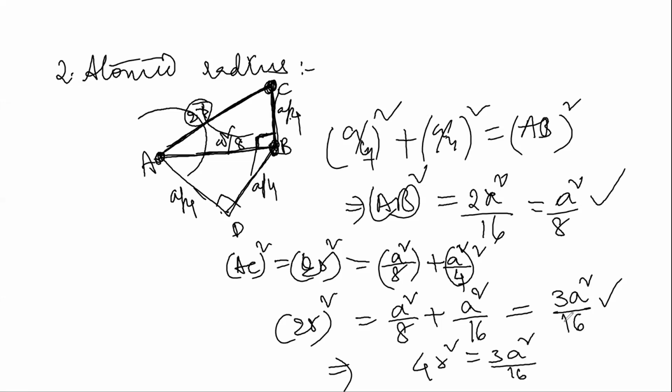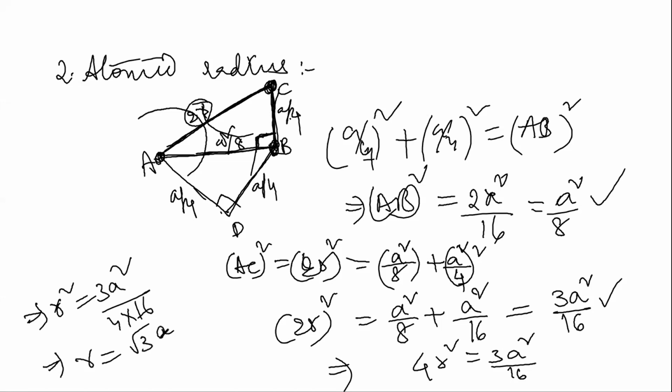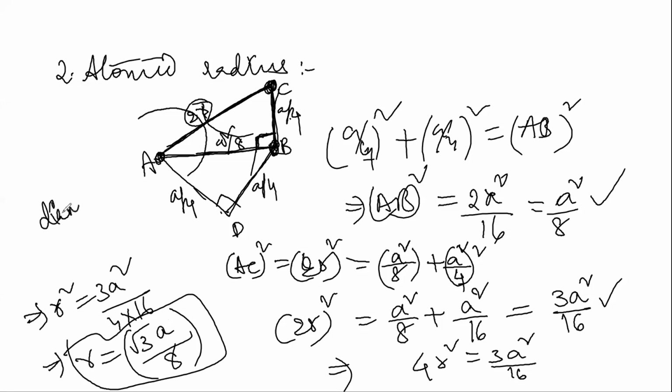Implies r square is equal to 3a square by 4 into 16, that is 64, but I'll take it directly. I'll get r equal to root 3 a by 8. So root 3 into a by 8 is the radius of the carbon atom in the diamond crystal structure.